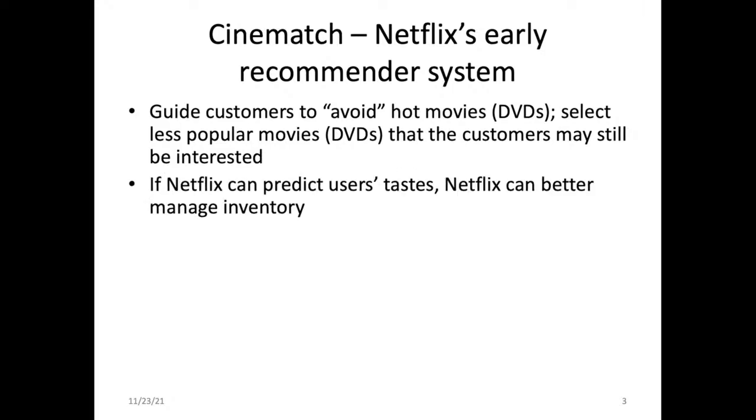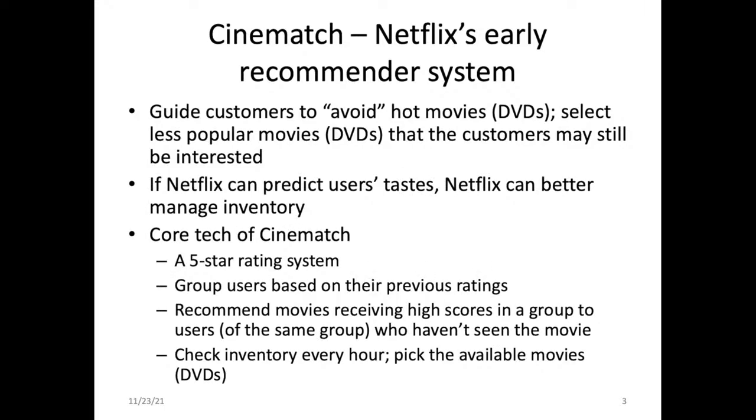The core technology of Cinematch is a 5-star rating system, and they group users with similar tastes together. They check their warehouse every hour and match the available DVDs to the right customers. That's essentially what Cinematch does.